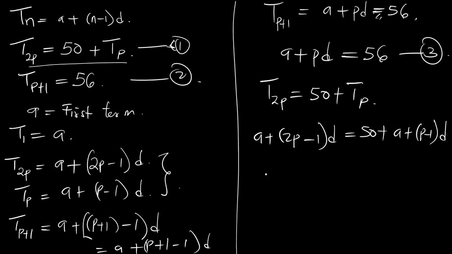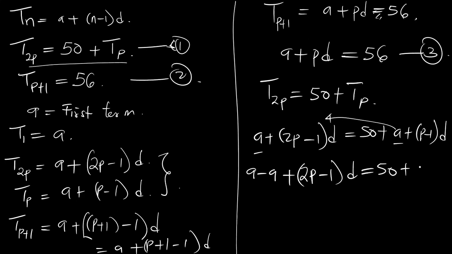Now if you look at the two equations, you have a here, they're the same. If we move this a to the other side, it will cancel out, but let me still show it. So this a moving to the other side becomes minus a, plus (2p minus 1) times d will be equal to 50 plus (p minus 1) d.